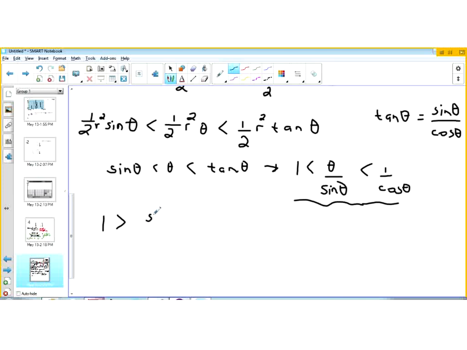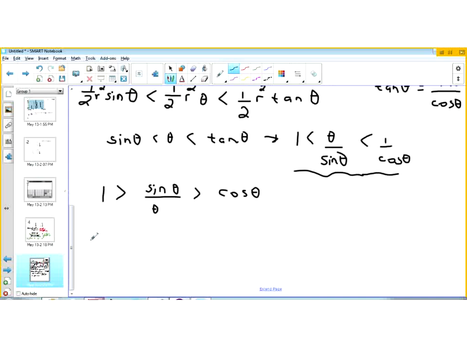So I'm going to flip the direction. And a very significant term pops out when I transform this inequality. I have this result.